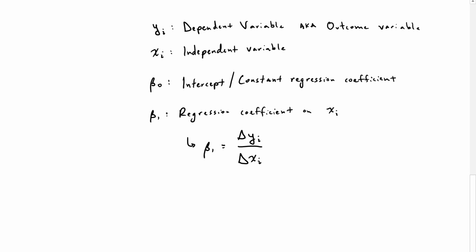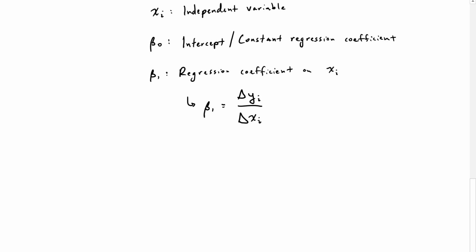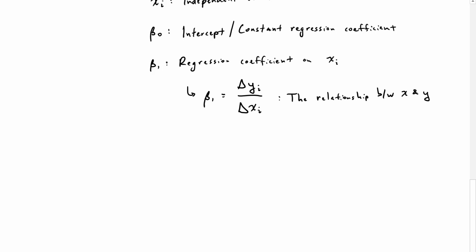And that's this idea of beta 1. It's the relationship between x and y. And if well designed, we'll talk about that.